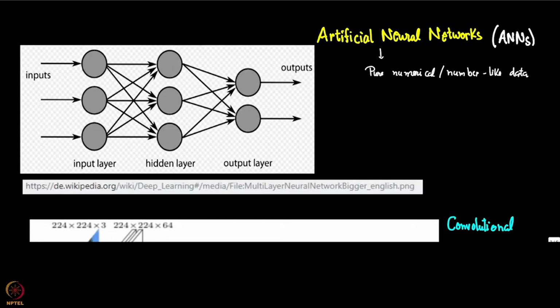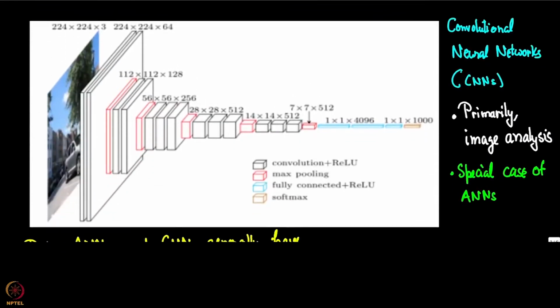Once again in week 10 or so we will actually see a whole variety of applications where this distinction will become clear. Okay. So, that is for artificial neural networks, and you also saw this, of course, is AlexNet. We also saw convolutional neural networks, CNNs. These are primarily for image like data. Okay.